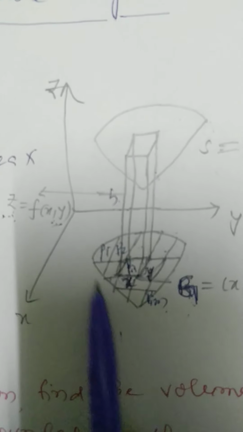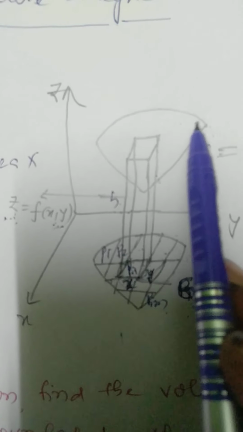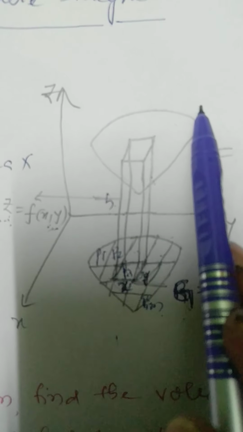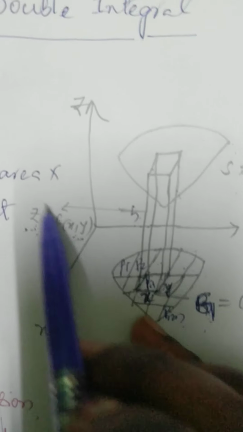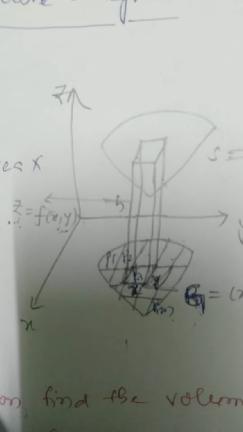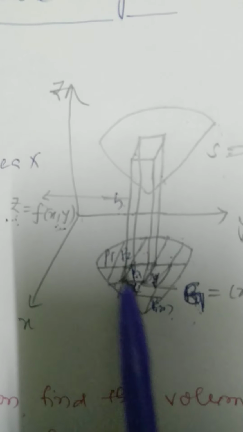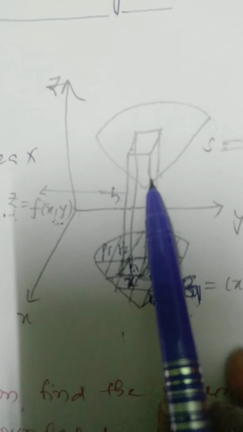Now this is the rectangular parallelepiped which is bounded by the xy plane and the surface z equals f of x comma y and the generators which are parallel to your z axis. Okay, now this is the rectangular parallelepiped in a three-dimensional figure.